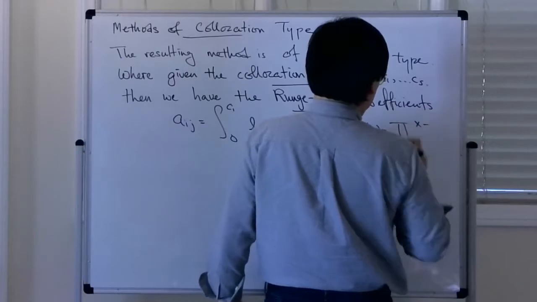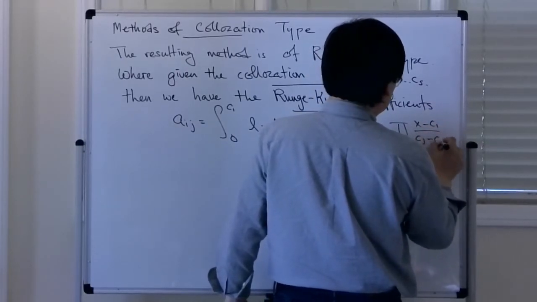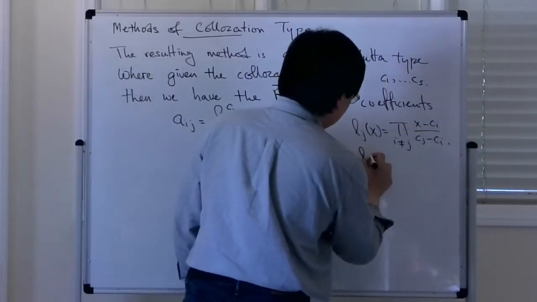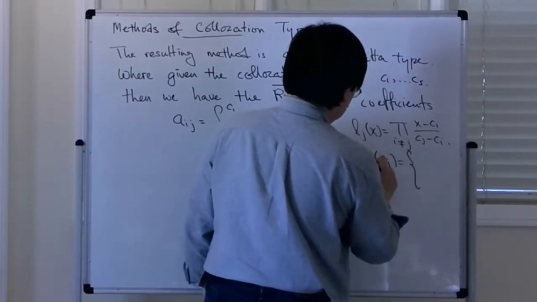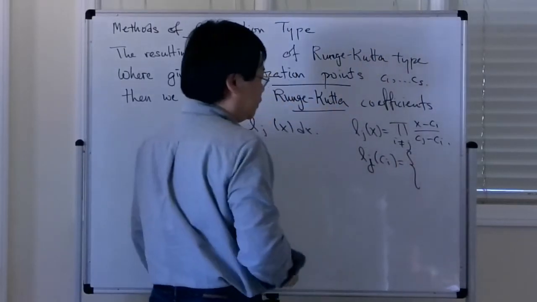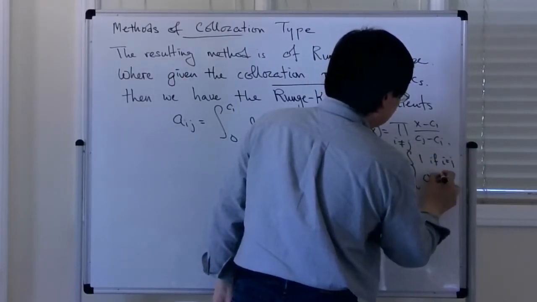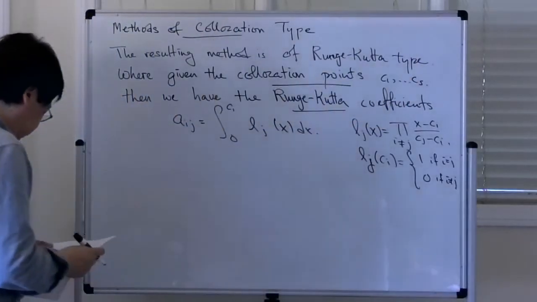So x minus ci over cj minus ci, and they have the Kronecker delta property, right? li evaluated at cj, or lj evaluated at ci if you prefer, is equal to 1 if i is equal to j, and 0 if i is not equal to j.